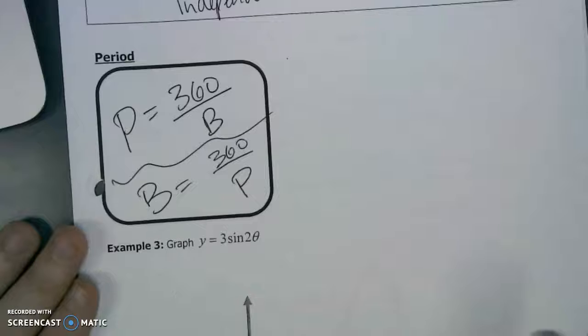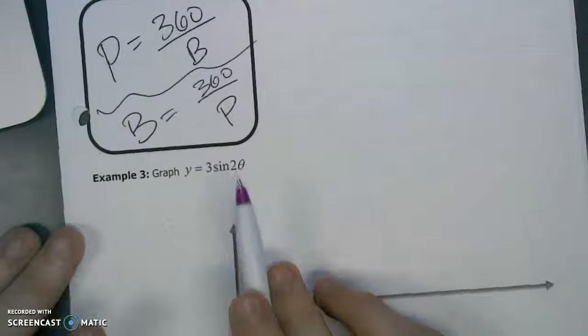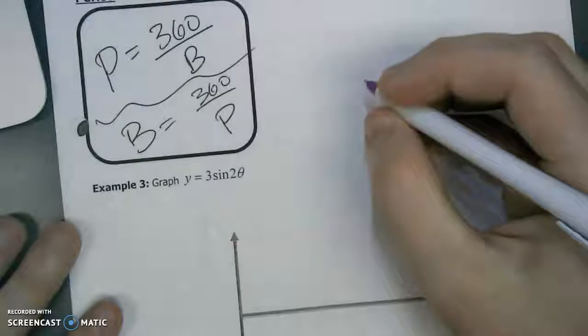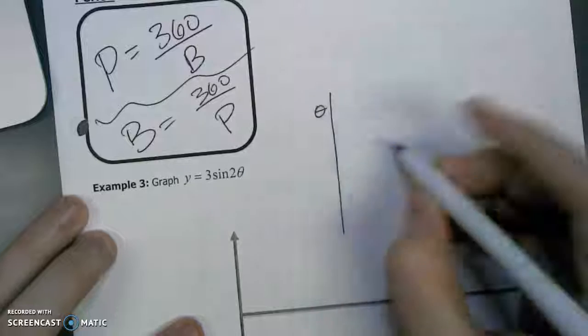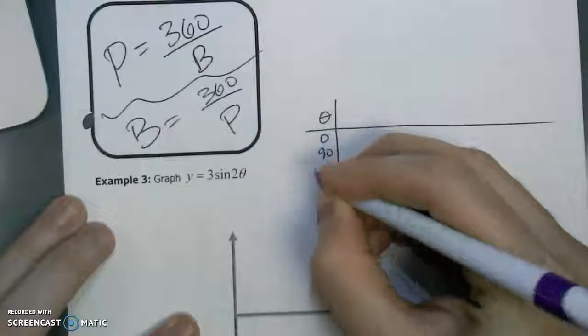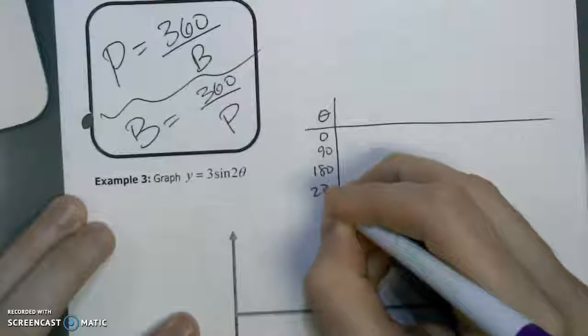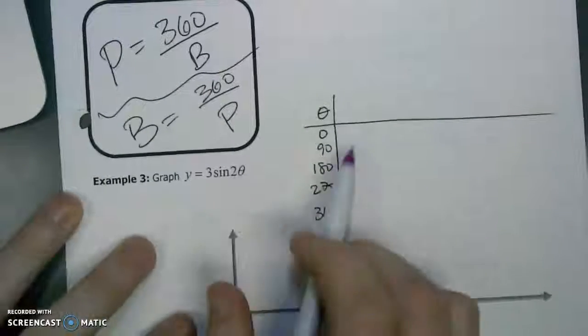So let's combine these together, and we have a change in amplitude and we have a change in the period. So let's make a table for this. We're going to start with our normal theta values, 0 to 360. It says multiply by 2, so in the table we do the opposite.